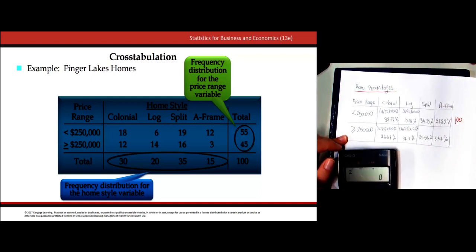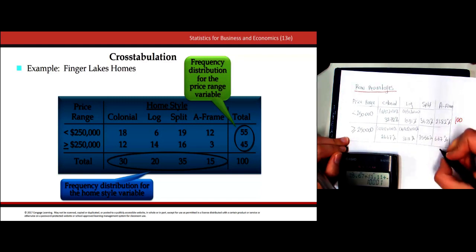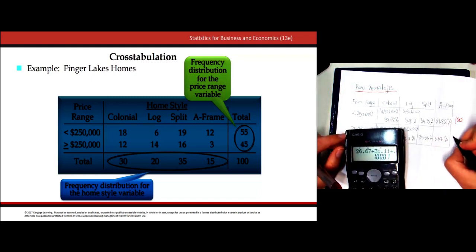And the row total must be equal to 100%. It is a little off due to rounding.